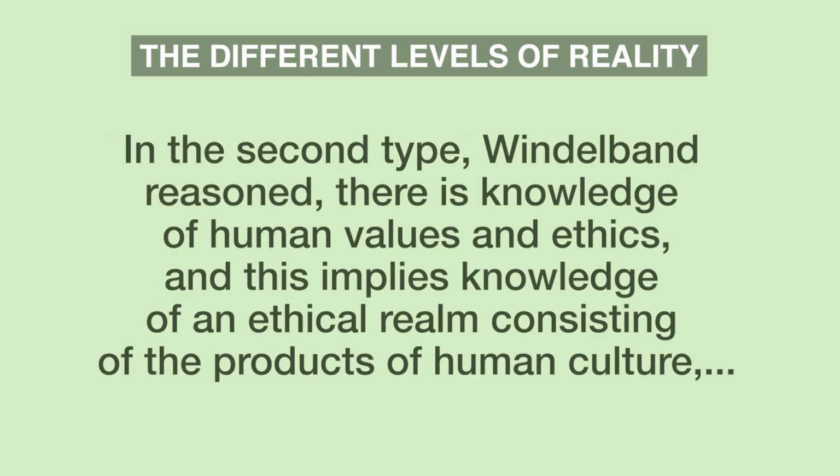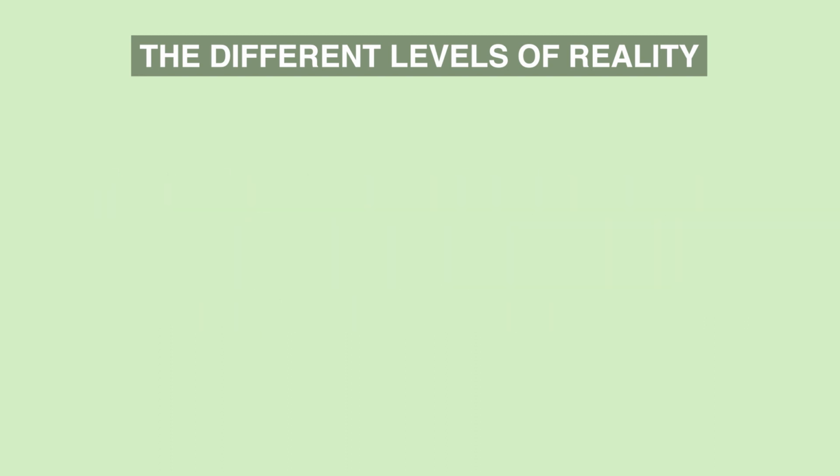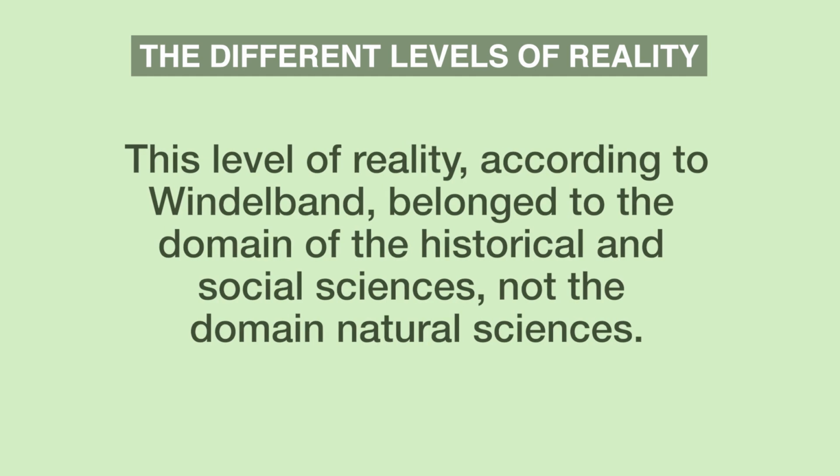But in the second type, Windelband reasoned, there is always the knowledge of human values and ethics. And this implies knowledge of an ethical realm consisting of the products of human culture, including the pursuits of the actors and the judgments which they make in relation to the social world in which they live and act. This level of reality, according to Windelband, belonged to the domain of the historical and the social sciences.